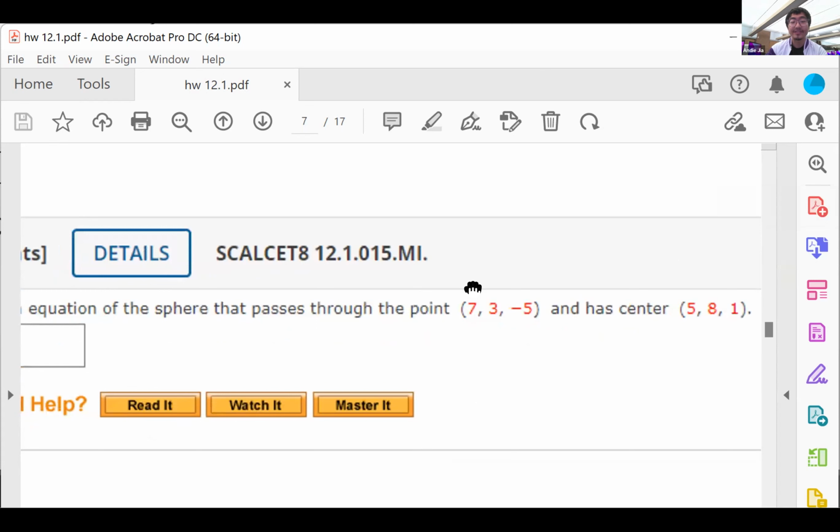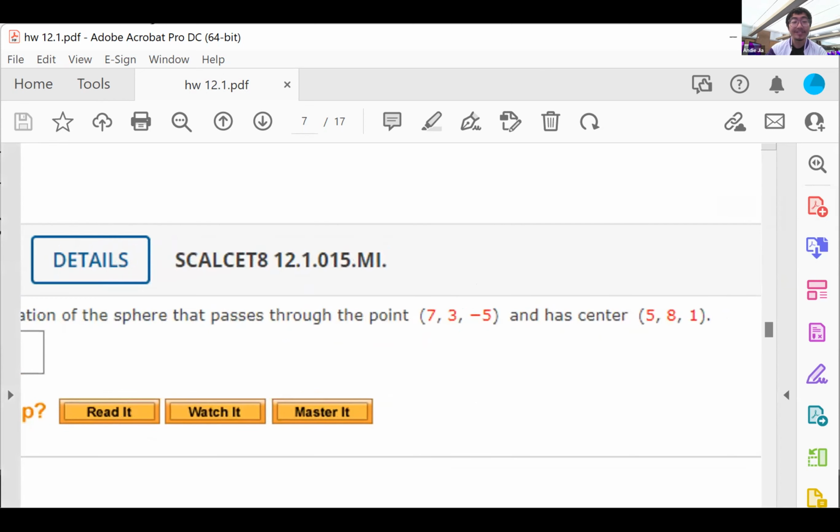The sphere equation to find has center 5, 8, 1, so it's x minus 5 squared plus y minus 8 squared plus z minus 1 squared equals r squared. The point is negative 7, 3, negative 5. So it passes through the point, not just touches it.